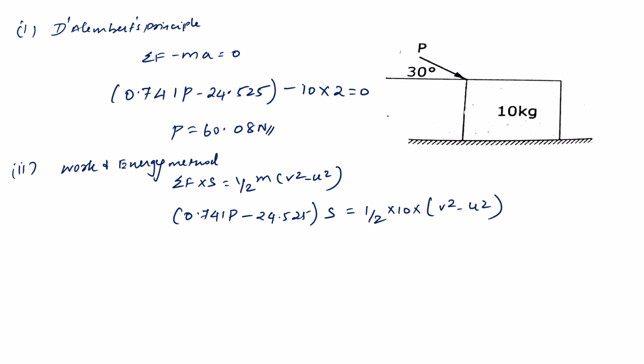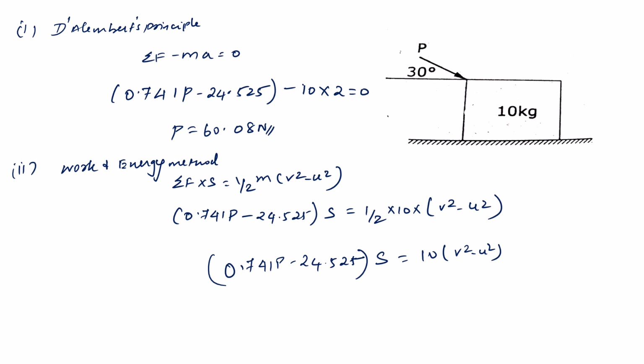So we have this particular thing. Now we are getting a direct relation of S in terms of v square minus u square. So we will be left with (0.741p minus 24.525) S is equal to 10 into (v square minus u square).